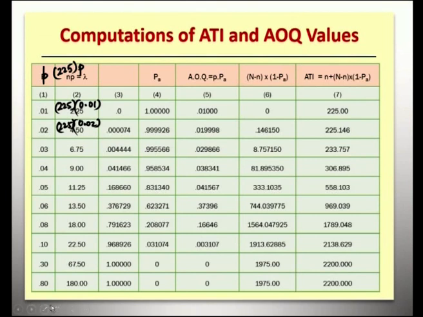Then we calculate the third tabular column. The third column stands for Poisson's approximation to hypergeometric distribution, e power minus lambda power x by x factorial. And here we have the first value to be equal to 0, and hence PA is equal to 1 because it represents the total probability, and then AOQ is equal to P into PA.